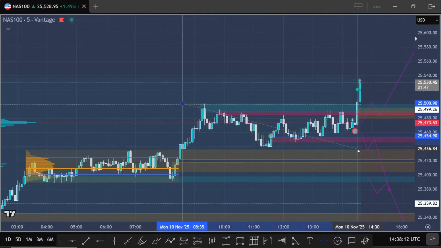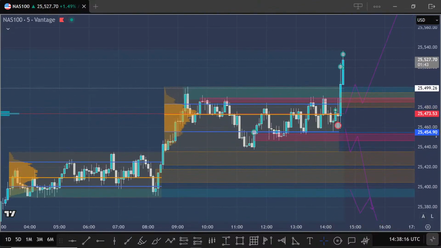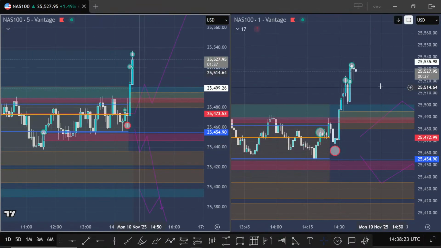Yeah, you see, I was watching the wrong profile on TradingView on here. That was a clear low volume node made entry opportunity, especially on the 1 minute.